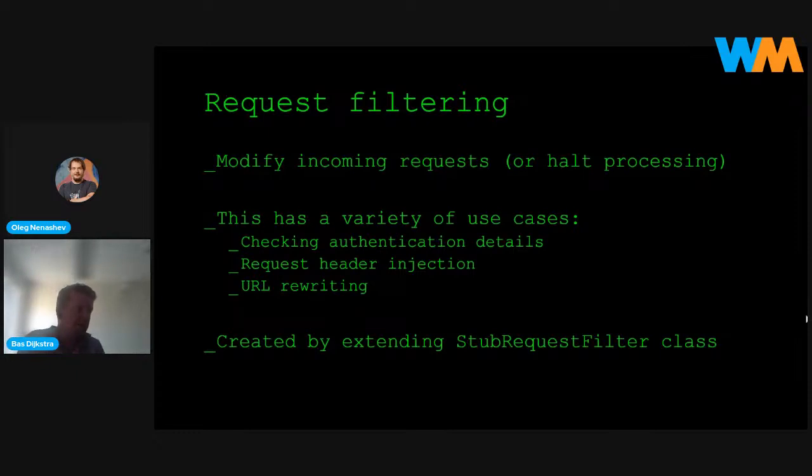And one prime example of that is authentication details. But these could be other types of request headers, cookies, specific elements with specific values in the request body, specific parts of the endpoint. But authentication details are a very, very good example of how to use that.